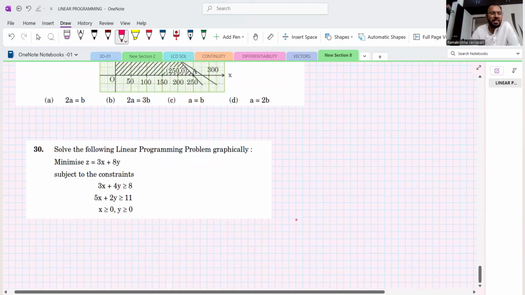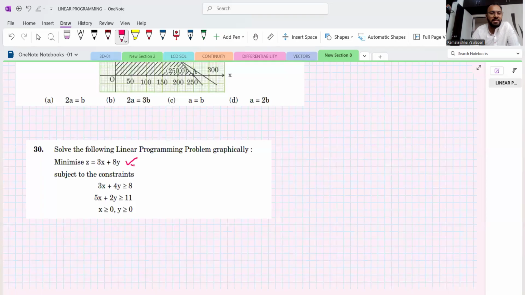This is 2023. Solve the linear programming problem graphically: minimize 3x plus 8y, subject to the constraints 3x plus 4y greater than or equal to 8, 5x plus 2y greater than or equal to 11, and x, y greater than or equal to 0.